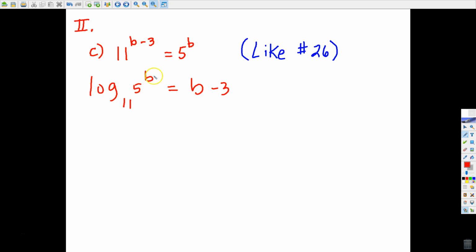What is that property that says that this exponent b could be used as a factor or a multiplier? Remember that property? Power property. All right, very good. So according to the power property, I can legitimately rewrite this as b times log base 11 of 5.